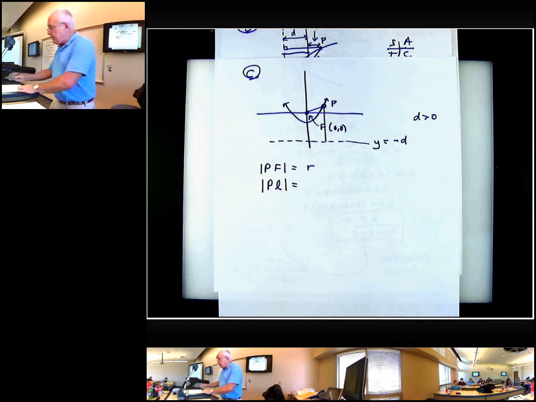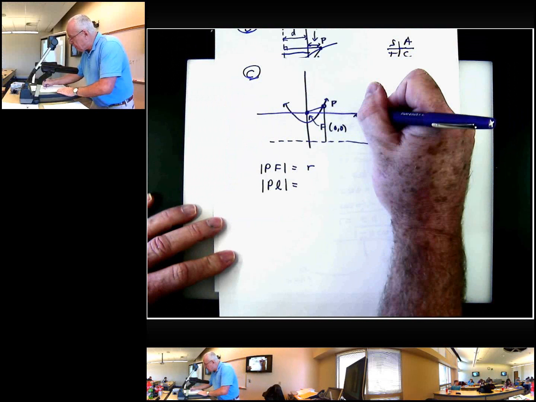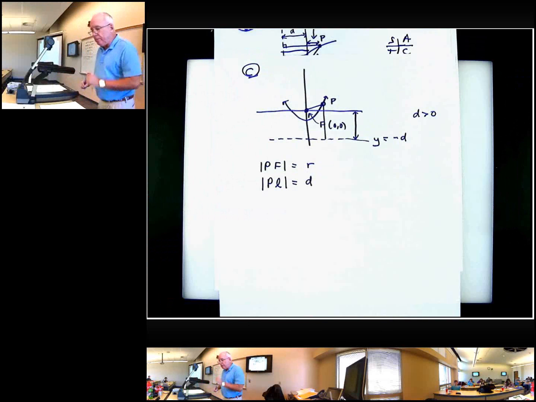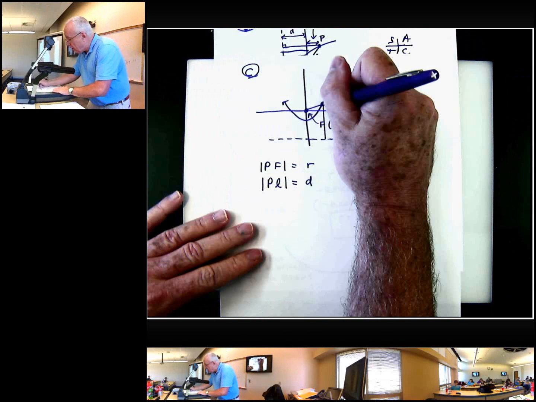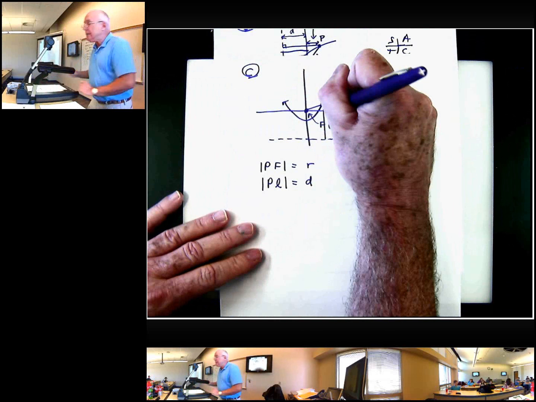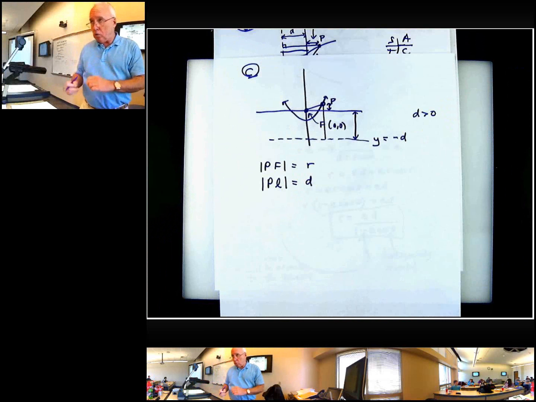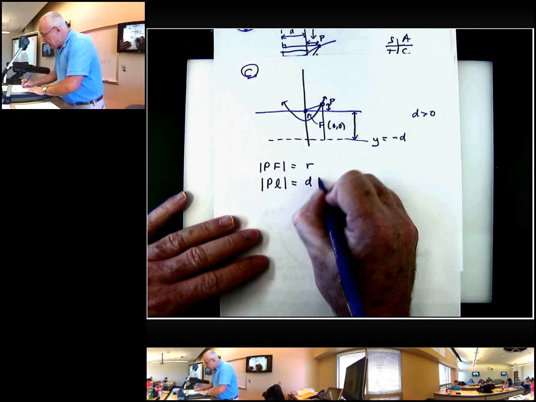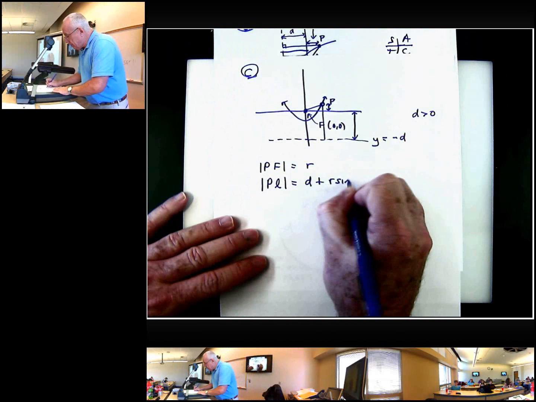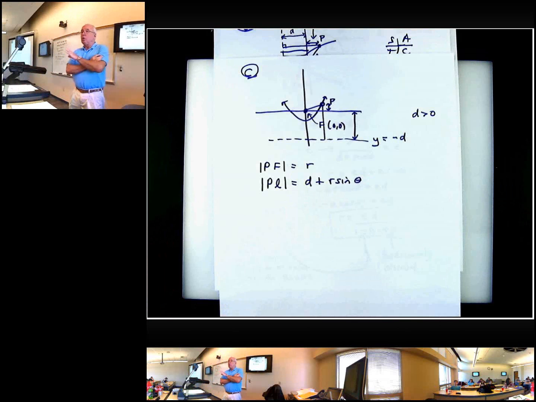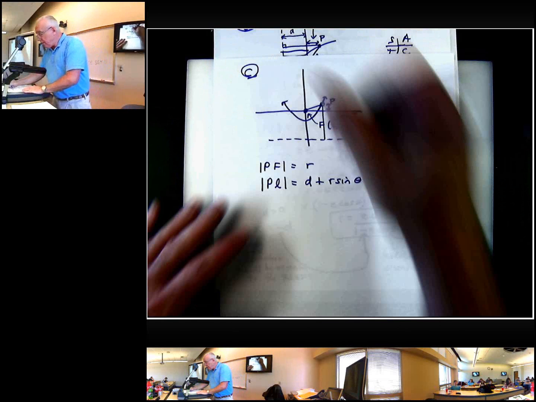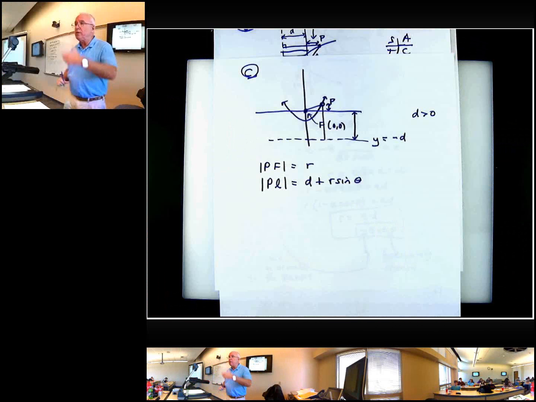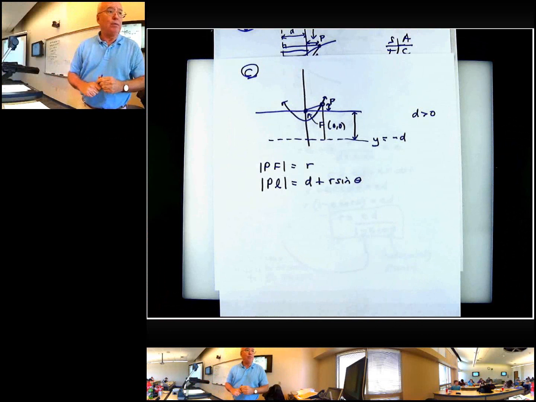That's first of all the distance from the directrix to the axis, which is capital D, and then we add on the y-coordinate portion, which is connected with the sine. So we add on plus R sine of theta. This will also work if P is down below the x-axis, for a very similar reason to what we talked about before.